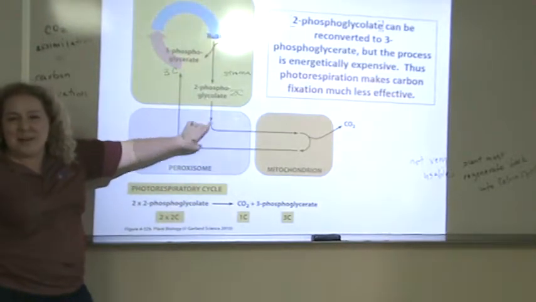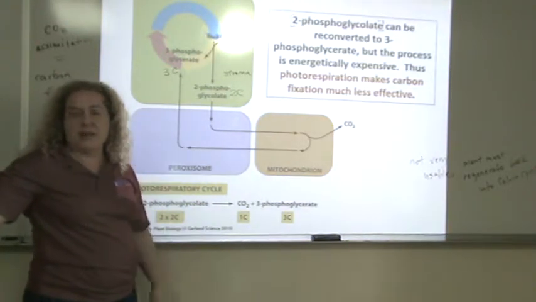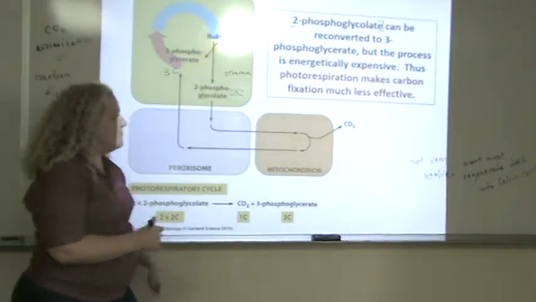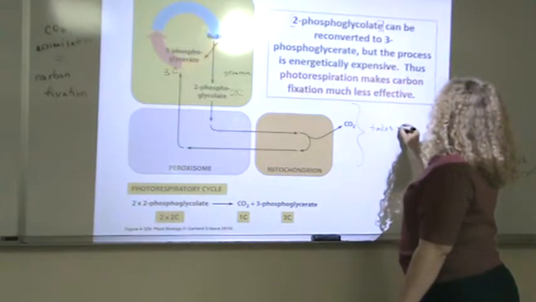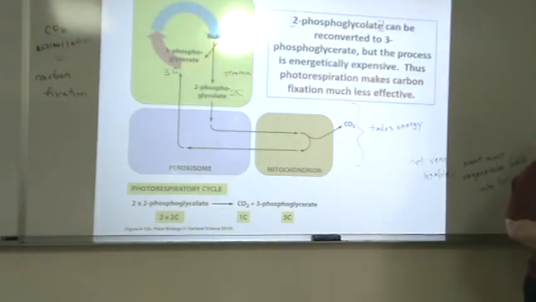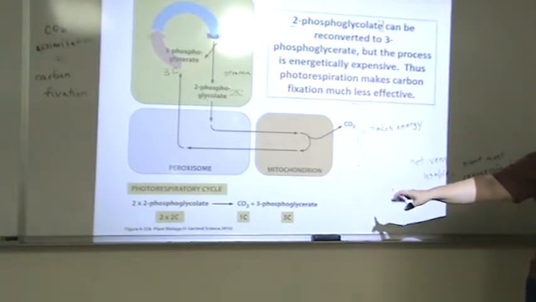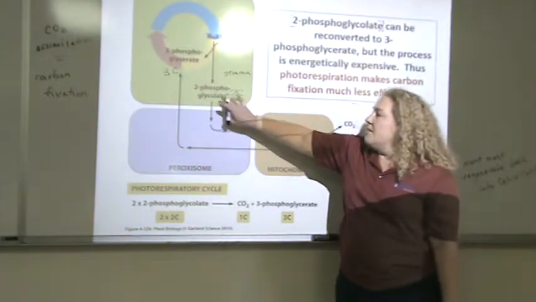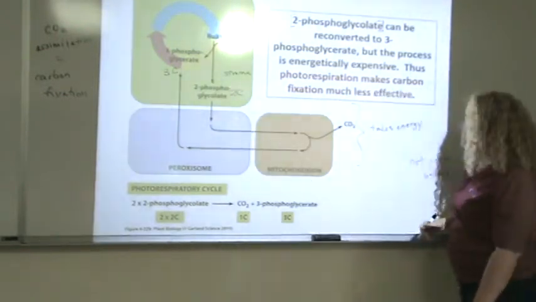And every time the intermediate crosses a membrane, there has to be some energy used to get it across the membrane. So the reason that I put this slide up here is for you to just remember that all of this takes energy. Doing photorespiration is an energy drain on the plant. It's not just that it's not fixing carbon, but it takes energy to return this compound back to what can actually go through the Calvin cycle.